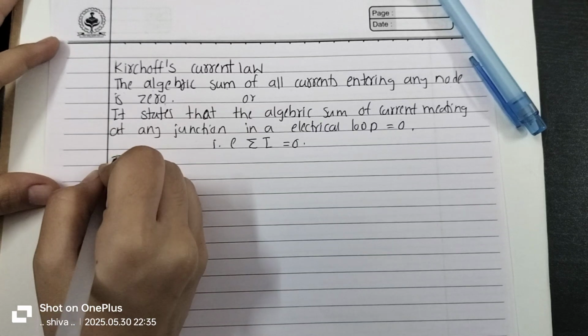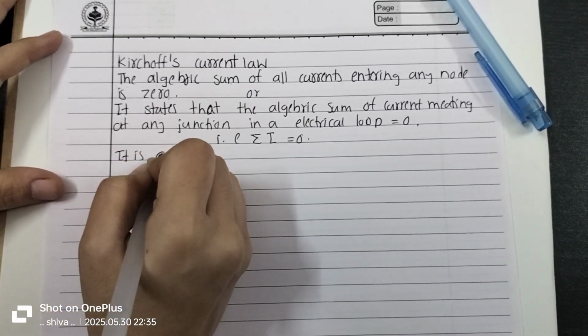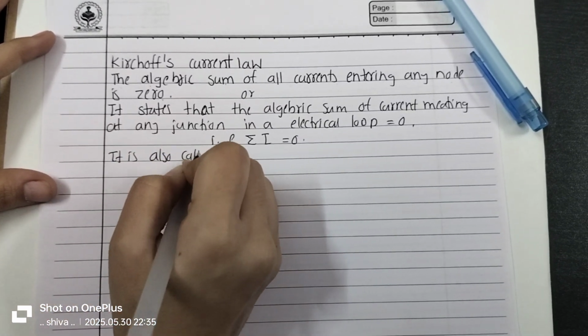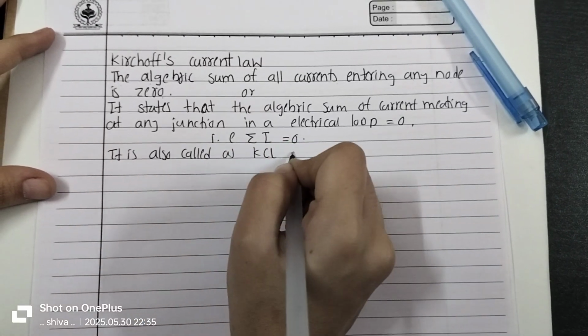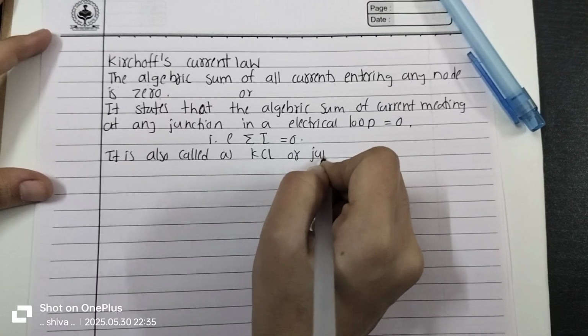It is also called KCL or the junction rule.